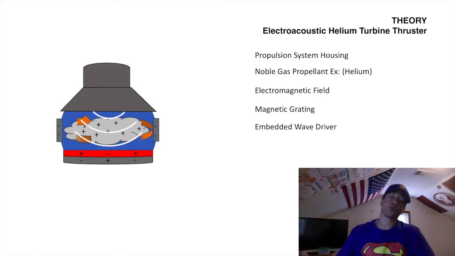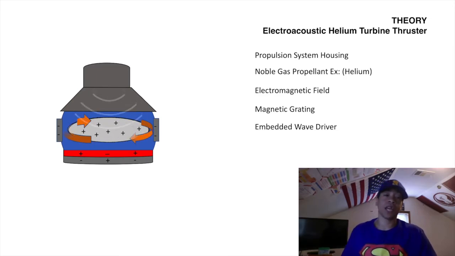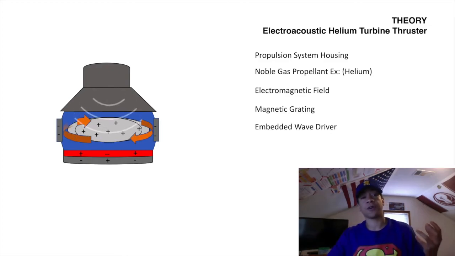What we'd do is we'd use an embedded wave driver, which would create a high velocity turbine of helium gas, which would go in a rotational formation, which could be used to create another corkscrew effect.